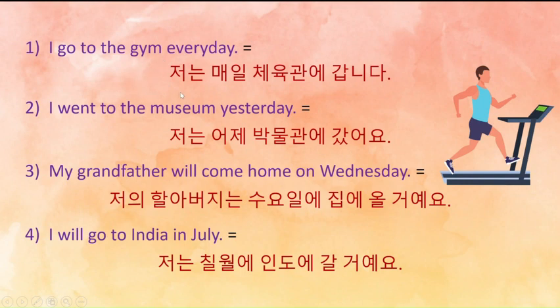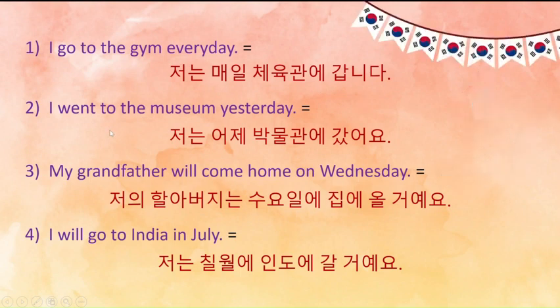So in Korean it will be 저는 매일 체육관에 갑니다. Okay, here every day is 매일, and to denote the location where a person goes is by using the particle 에, 체육관에.